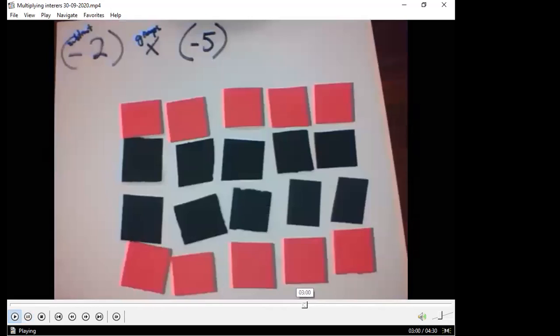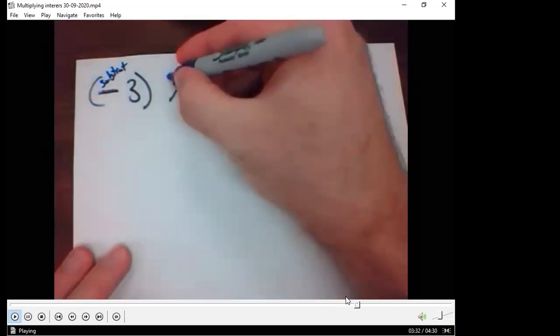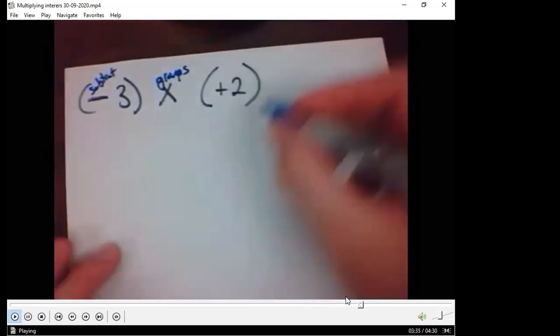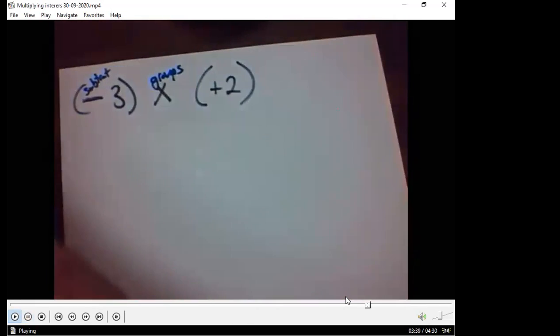This is another question. I want to subtract negative 3 from 2 groups. How many groups do we have to draw?